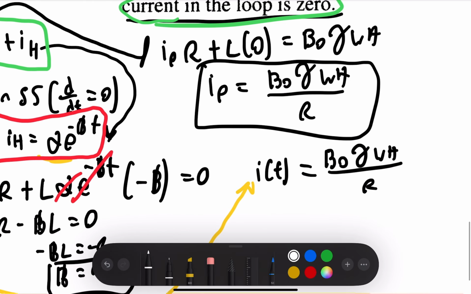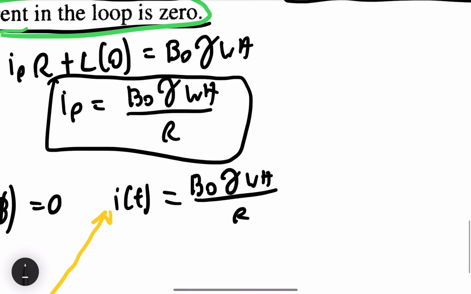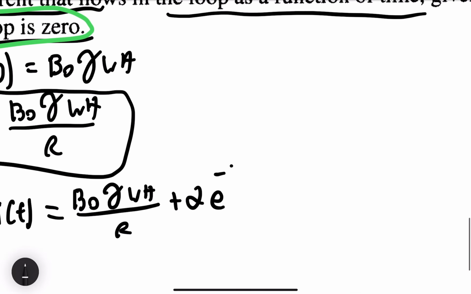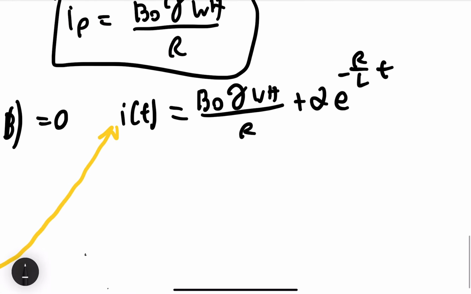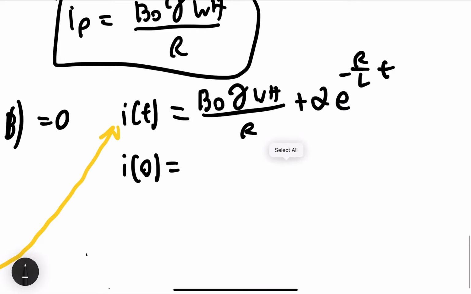We've solved for beta, so I'm going to plug in beta, but we don't know what alpha is yet. So it's plus alpha e to the negative beta t, and beta is R over L. We know that time equals 0, so that's what I mean by initial condition. Current is 0, so this has to equal 0.